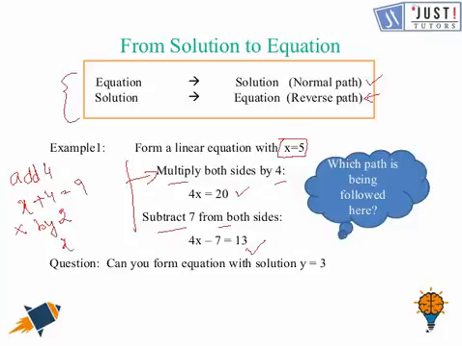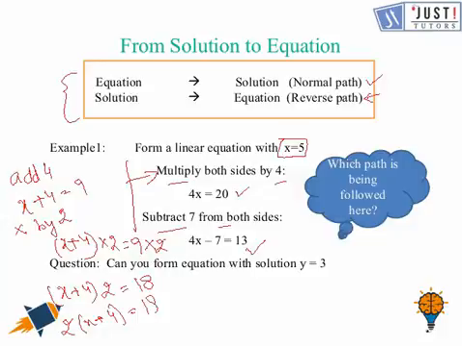So the equation would be (x plus 4) multiplied by 2 is equal to 9 times 2. And hence, it would be (x plus 4) times 2 is equal to 18. We can write it more properly like this. So this is just another equation for the same solution. This is how we can form various equations for a given particular solution.